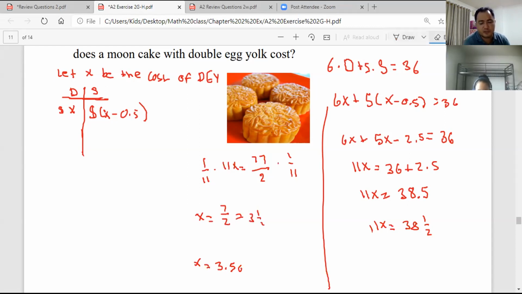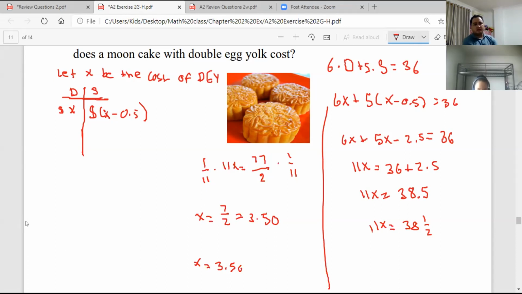Just because it's some money, right? So you better write it in decimal form. It's better. 3.50. So x equals 3.5. Now actually we need to find this x, right? Because it says, how much does a mooncake with double egg yolk cost?